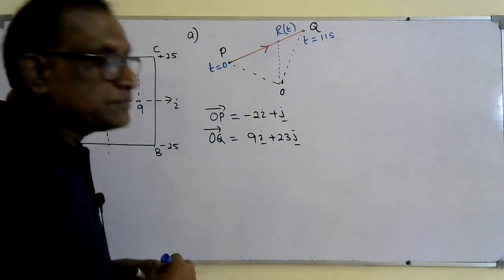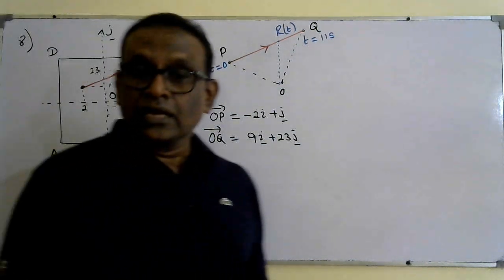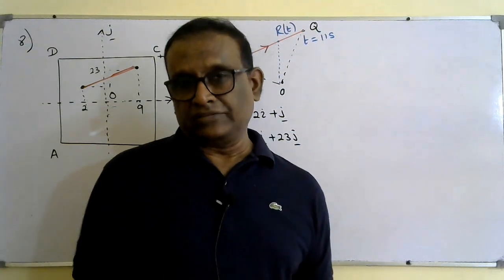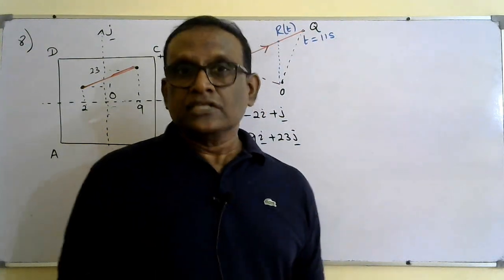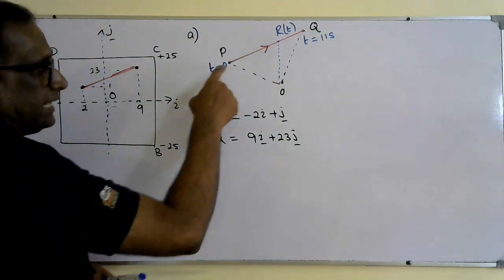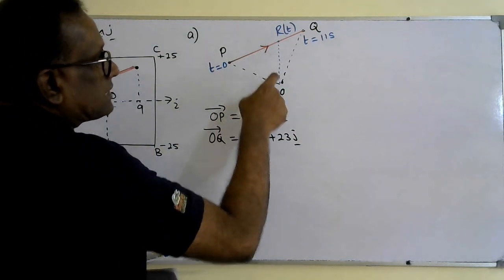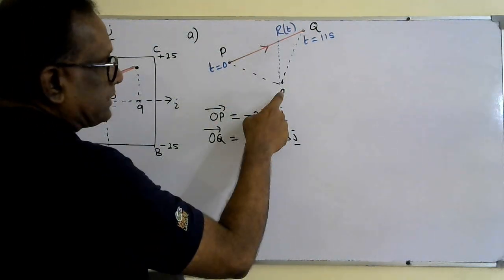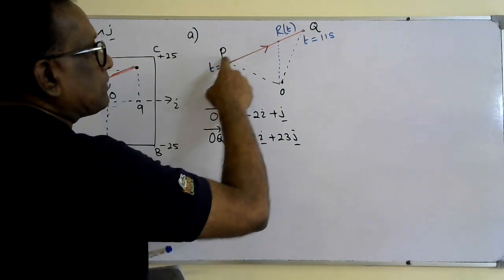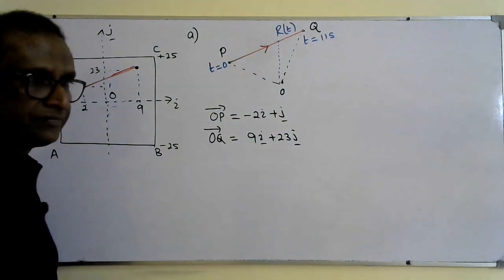Remember that time into velocity vector gives the displacement vector. So for the position vector, we have the initial position, and we need to find OR. OR is equal to OP plus PR. PR is the displacement vector.